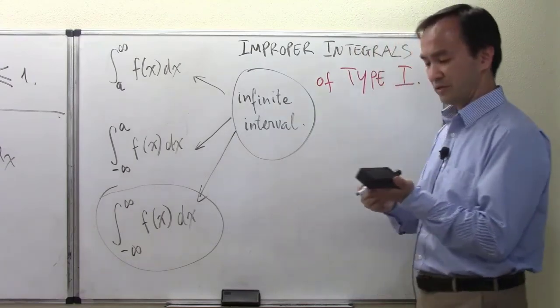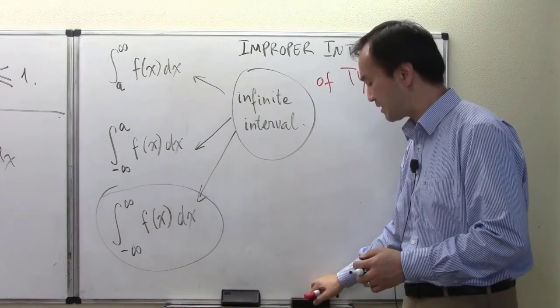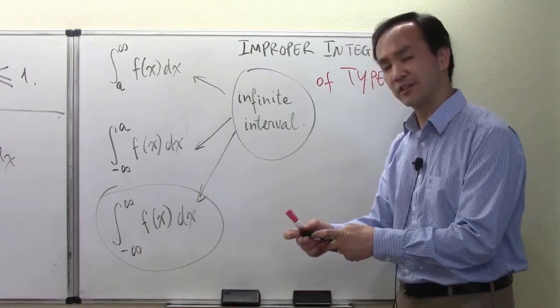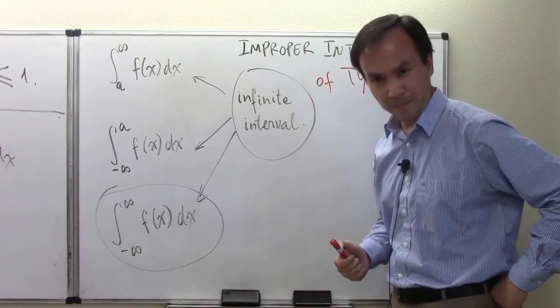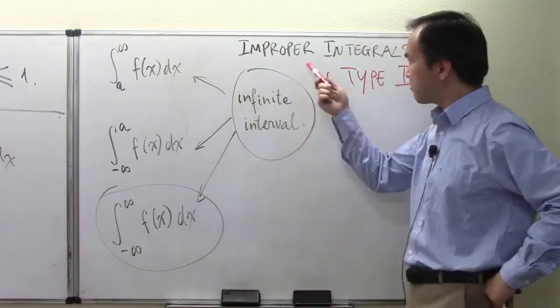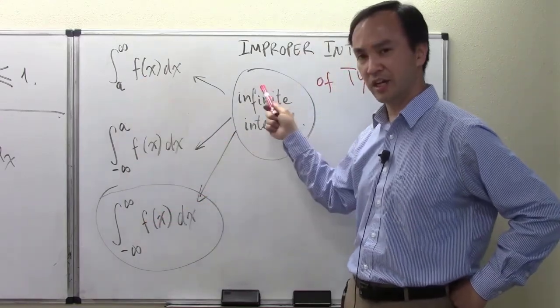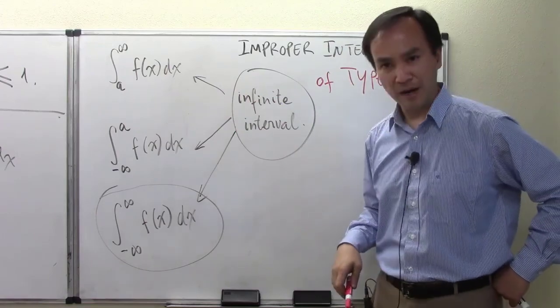It's a very common term. Many textbooks, many mathematicians, many textbook authors, many professors out there are using the same term: improper integral of type 1. And what it means is an improper integral where the interval of integration is an infinite interval. That's what improper integral of type 1 is all about.